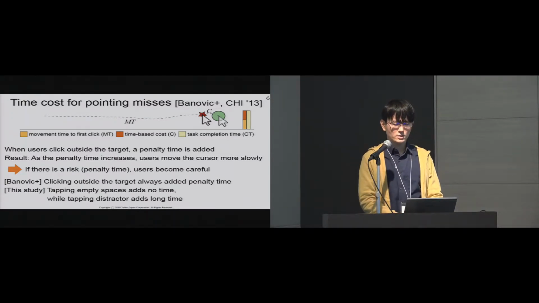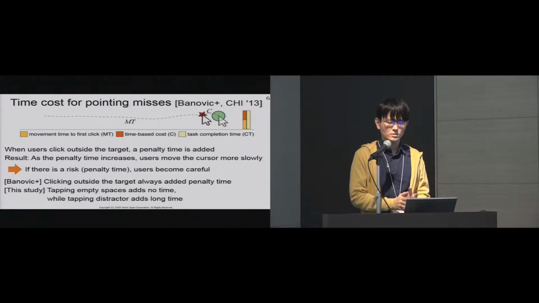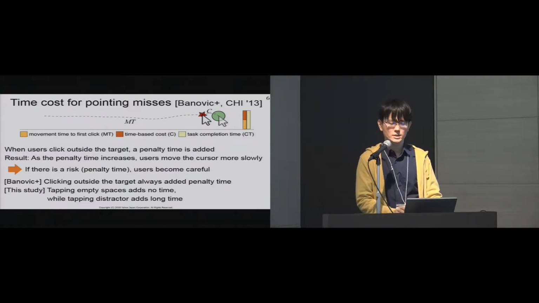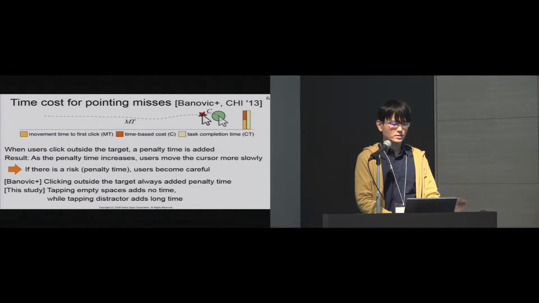The results indicate that if there is a risk of pointing misses, users become more careful and the operation time increases. Inspired by this related work, in our study, we use this penalty time paradigm. But again, we add a penalty time only for tapping distractors, and tapping empty spaces required no additional time.